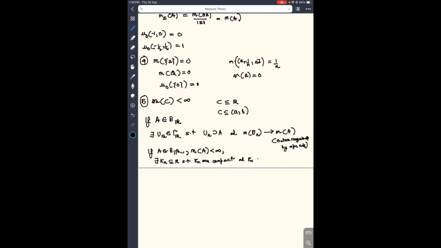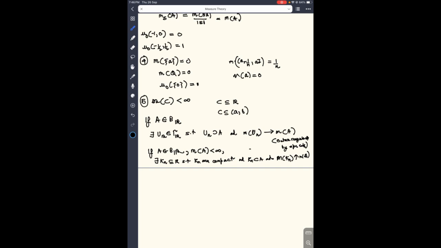And Kn is contained in A, and M of Kn increases to M of A. So it can be approximated from above by open sets, and it can be approximated from below by closed sets.